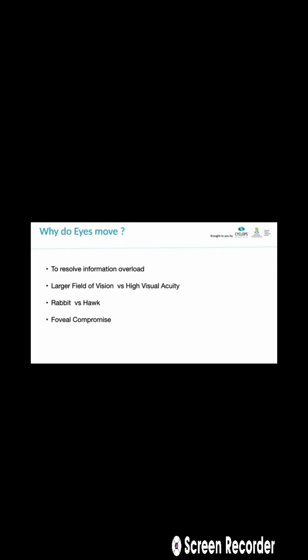Similarly, the high visual acuity also increases the survival rate by allowing an animal to aim at a target more accurately, leading to higher killing rates and availability of more food.